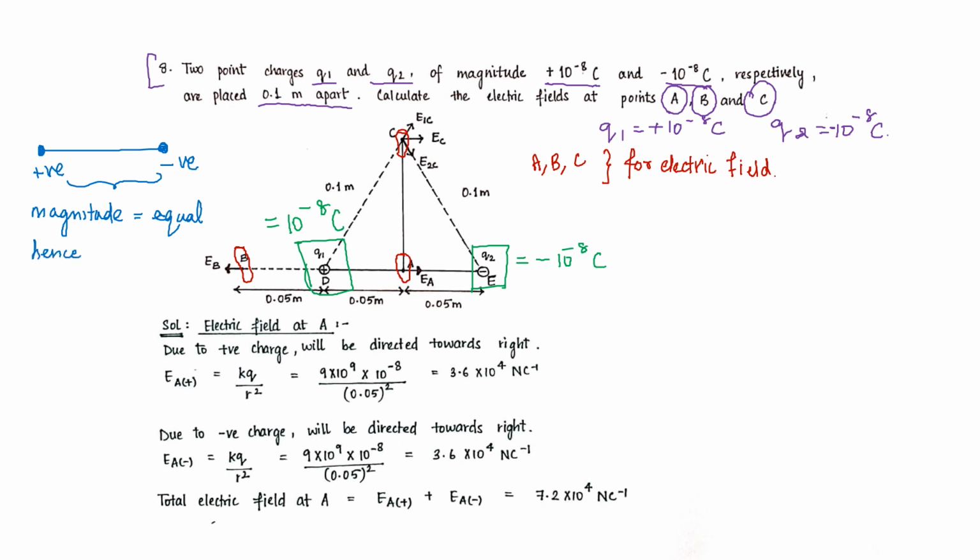Hence it is an electric dipole. An electric dipole is a two-charge system where the charges have the same magnitude but different polarity. One should be negative and the other positive to construct an electric dipole.